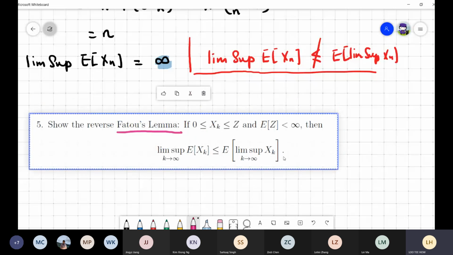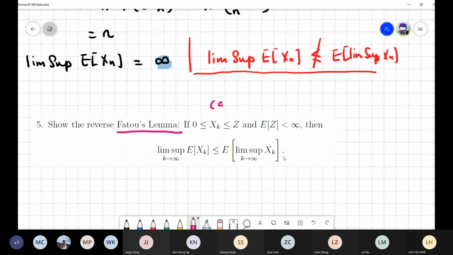Number 1, xk must be less than one random variable z, and we also need another hypothesis: E of z will be less than infinity. If this is true and this is true, then we can have these inequalities over here.